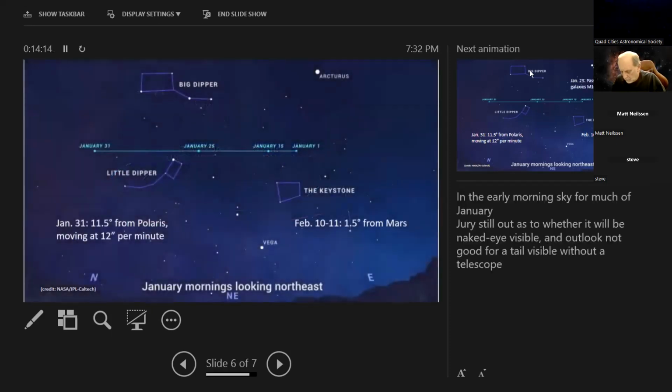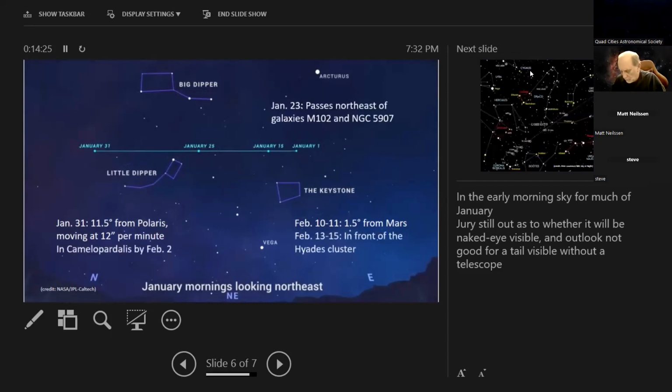But anyway, I got a couple of star charts here that can help you locate it. So it's actually in the evening? No, it's going to be in the morning sky for most of January, at least until it gets up into the circumpolar region of the night sky. So right now, you see it's fairly close to Hercules and probably those other nearby spring constellations.